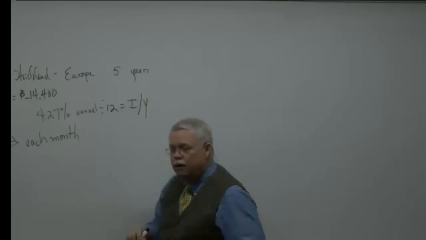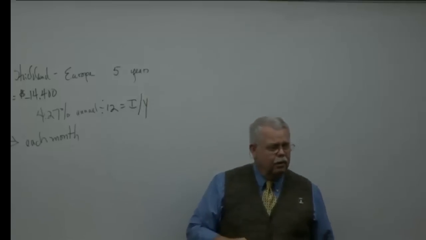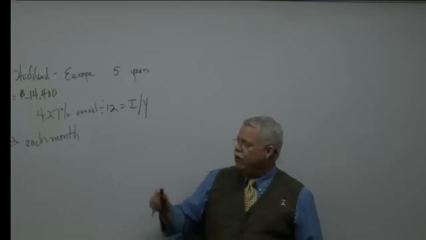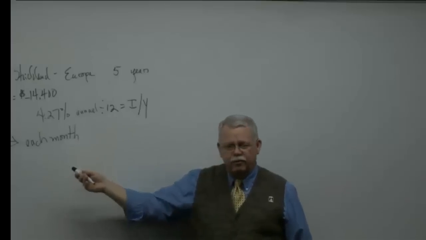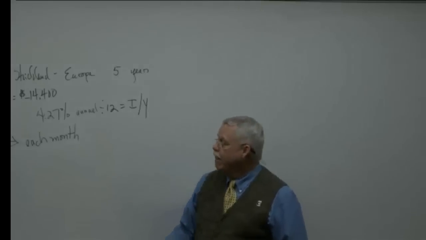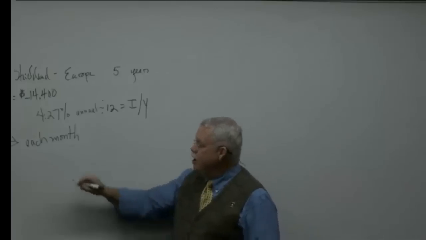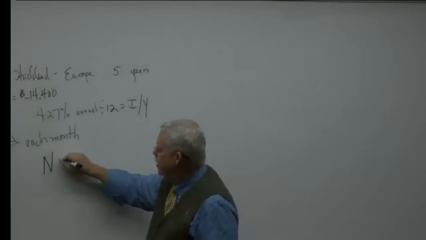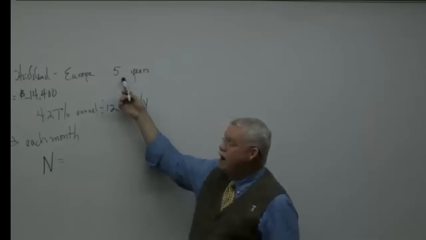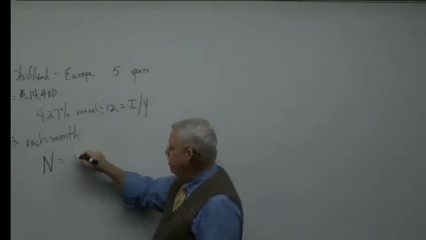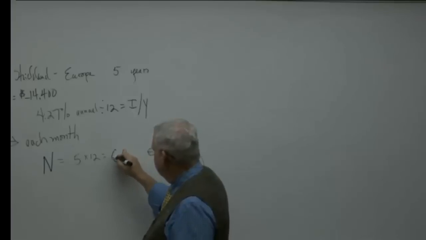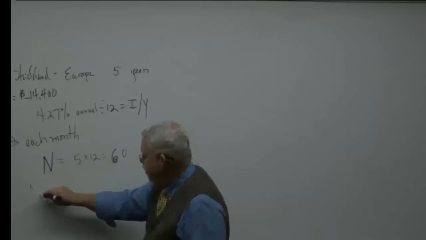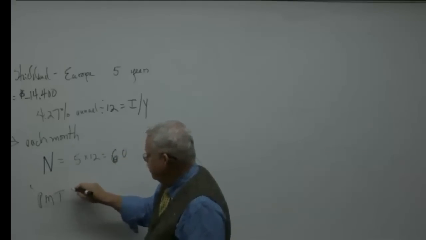That's your I/Y. 5 is your years. We have made the assumption his payments are going to compound monthly. It's not 5, it's 60: 5 years, once a month, 5 times 12. Calculate his payment.